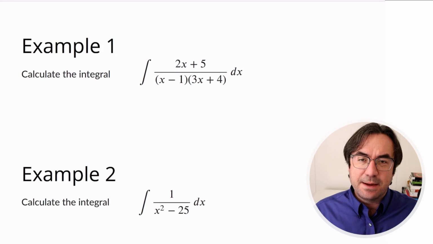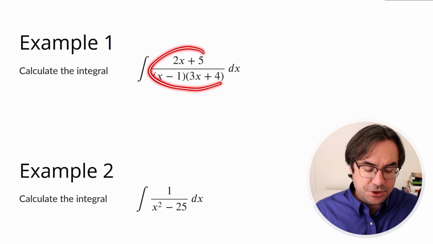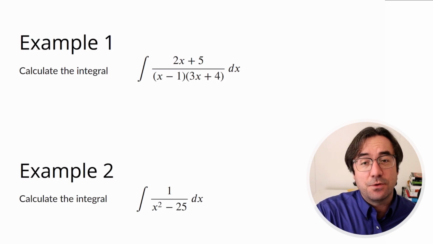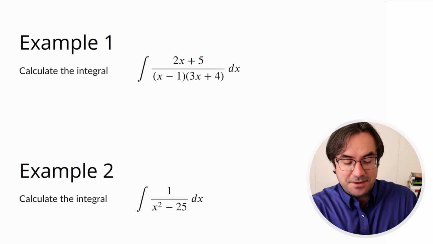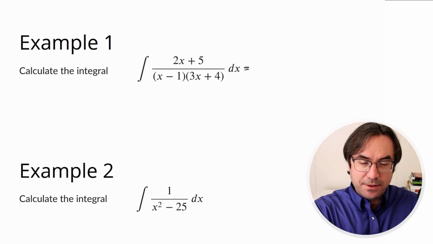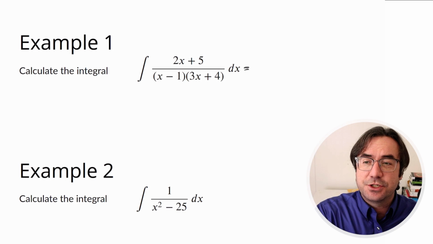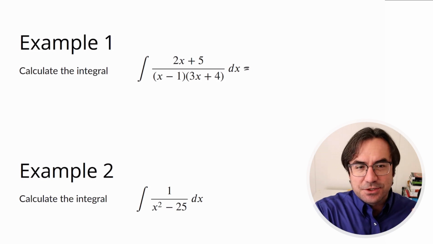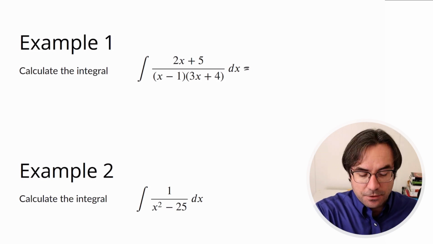All right, so let's look at example 1. We want to integrate this function, 2x plus 5 over x minus 1 times 3x plus 4. And this is the first example we looked at where we did the partial fraction decomposition. So we're not going to go through the decomposition again. Just go back to your previous set of notes.